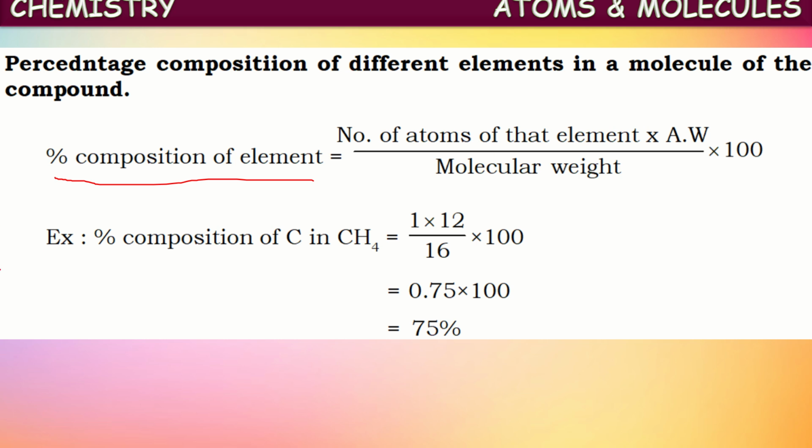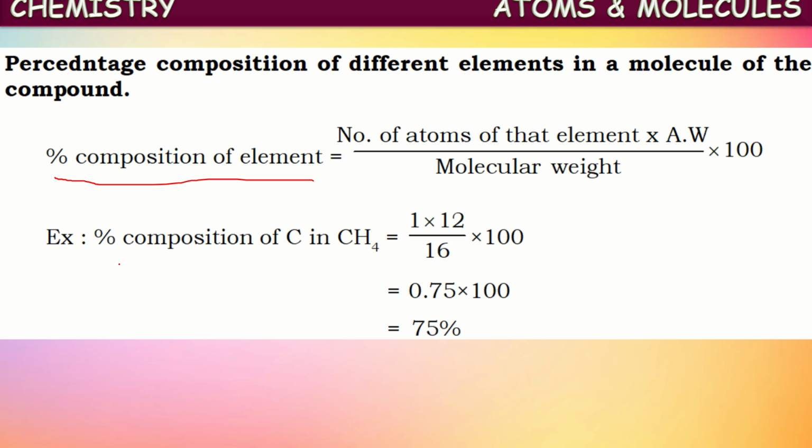That element means the element whose percentage composition you are going to find out. Number of atoms of that particular element you need to consider here, into atomic weight of that particular element, by molecular weight of that molecule, into 100.